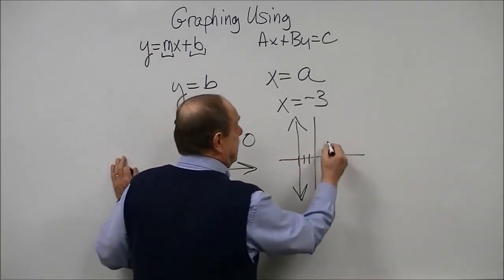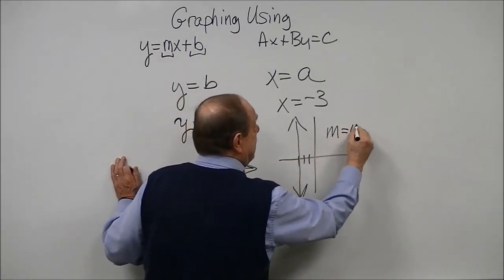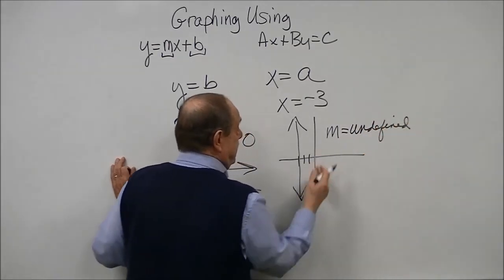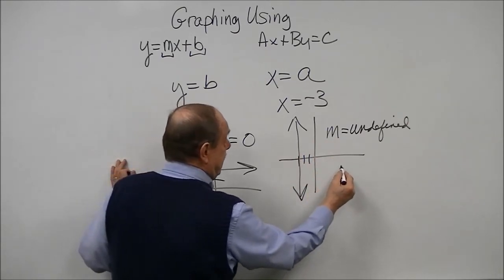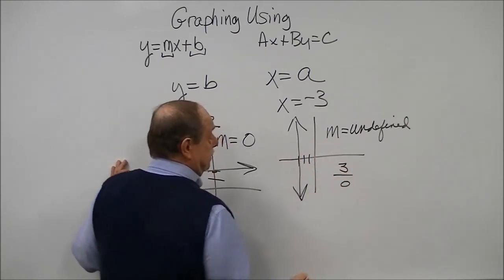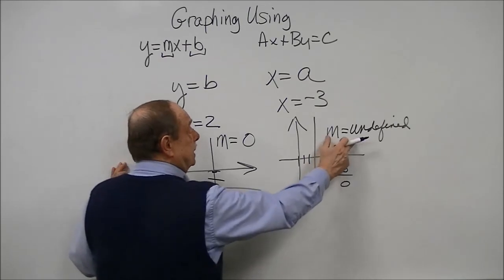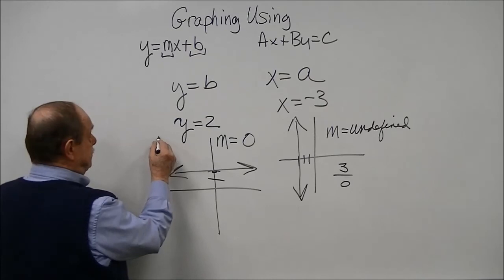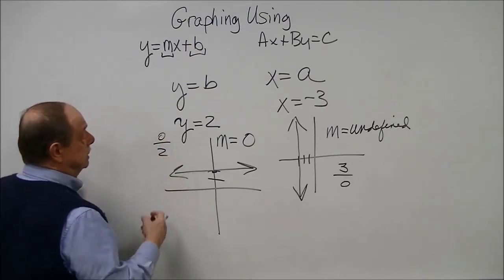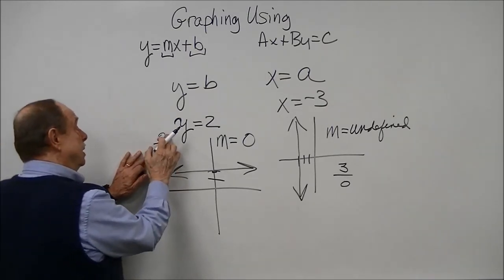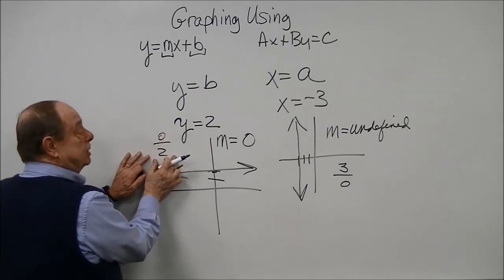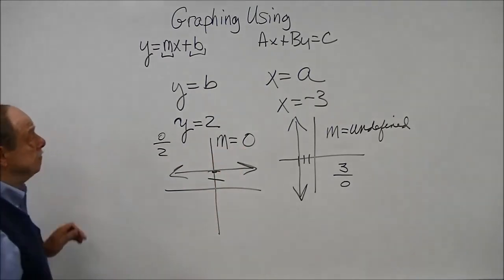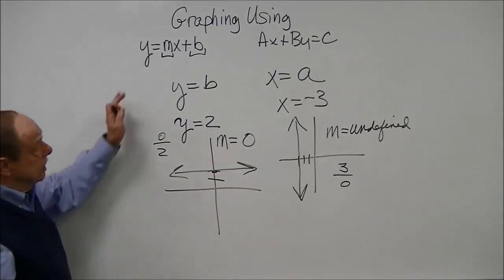And the slope of this line is undefined. Because when you worked it out, it would be like 3 over 0. Anything over 0 is undefined. And this one might have been 0 over 2. So any time 0 is divided by any real number other than 0, it is 0. Okay, I wanted to keep this short as a quick review.